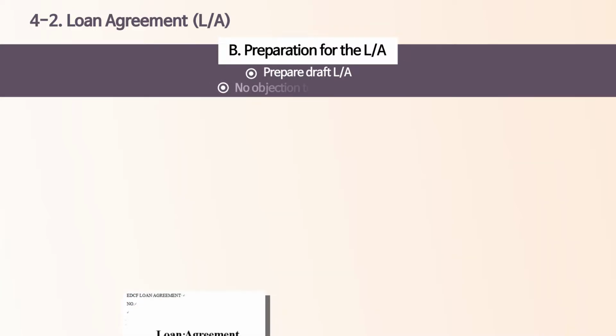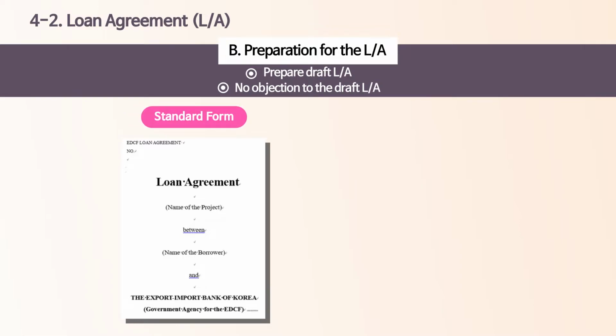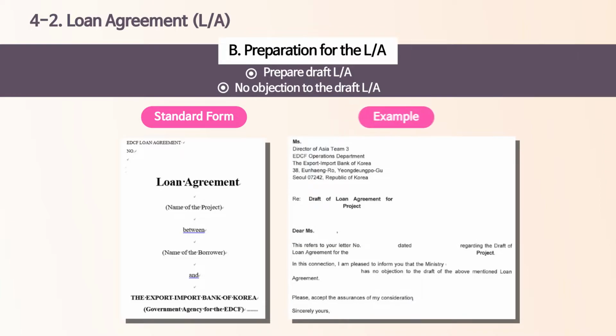Then, the borrower and EDCF would prepare a draft LA based on the standard format. You can easily find the standard form for the LA on the EDCF website. However, the standard form has to be customized for each project. Upon receiving the draft LA from EDCF, the borrower, PEA, Ministry of Justice, and any other ministries or stakeholders involved shall review the draft LA.